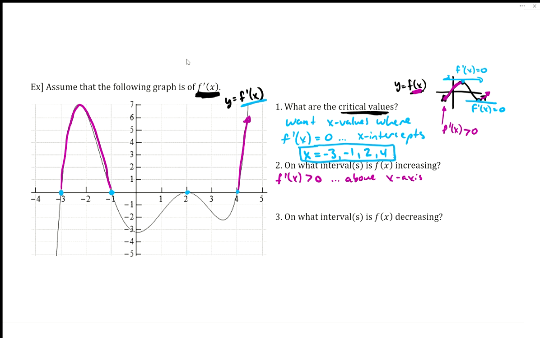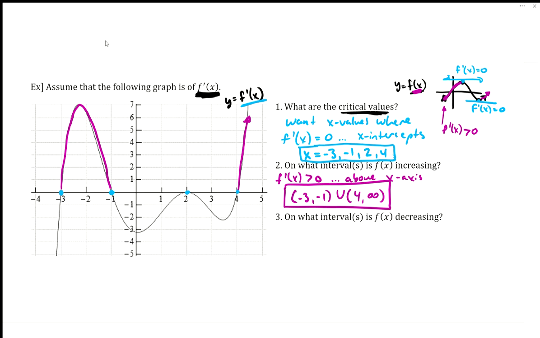So we've got those two intervals, and we read it using the x values. From -3 to -1, and then from 4, and we're assuming it goes forever to the right. I put a little arrow on it too. So 4 to infinity. And remember, the intervals always use parentheses.